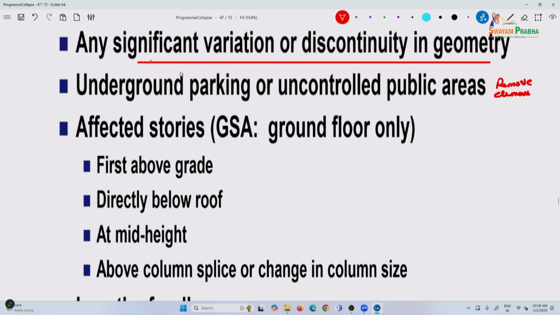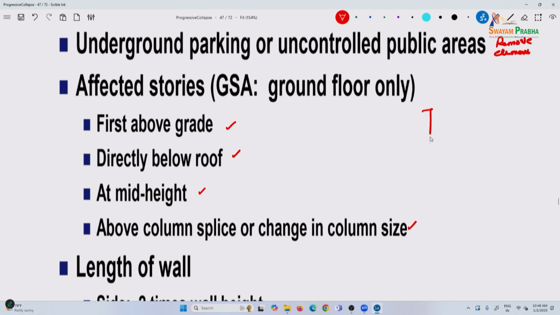So, the affected stories right here are first above grade, directly below the roof, mid height, above column splice or change locations. This is really multiple structural analysis.